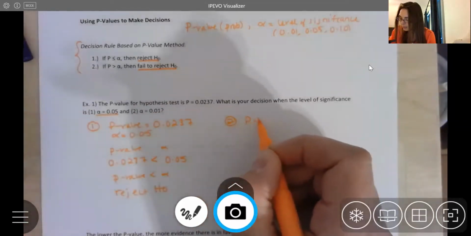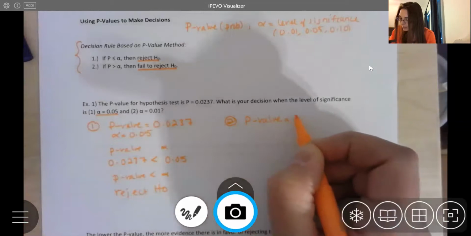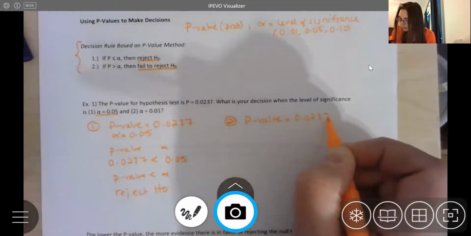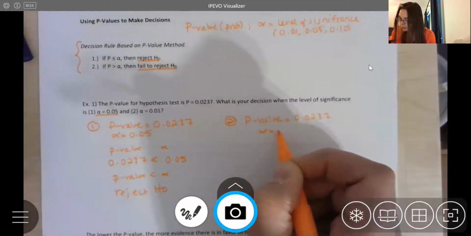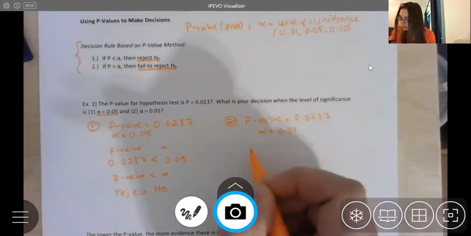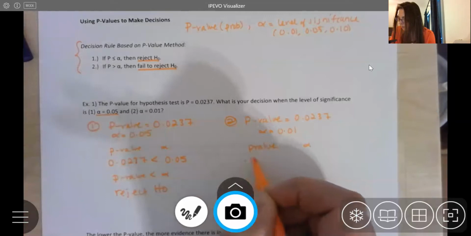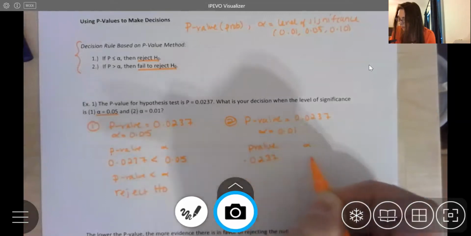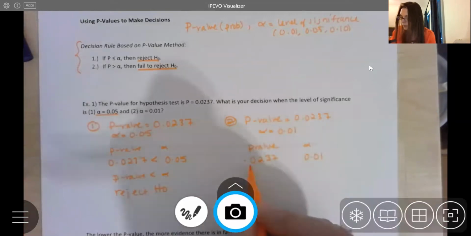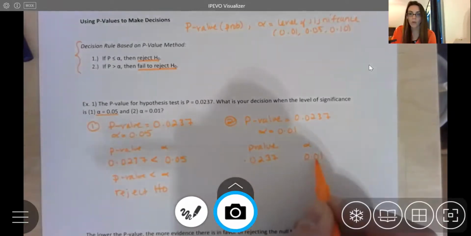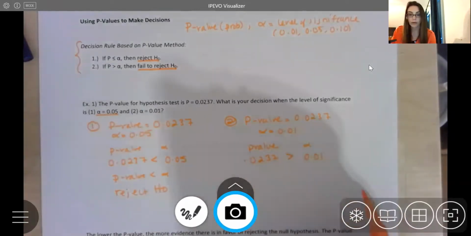Now in the second example, our p-value is still 0.0237, and our alpha this time is 0.01. So if I compare our p-value with our alpha, 0.02 versus 0.01. Well, 0.02 is bigger, right?